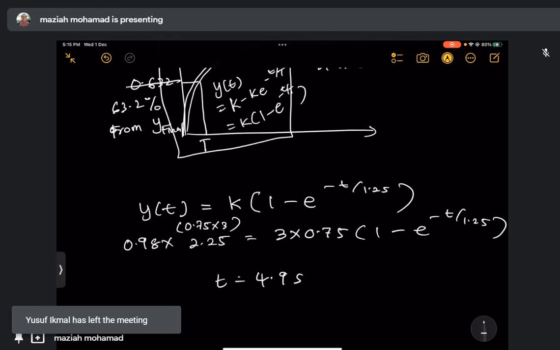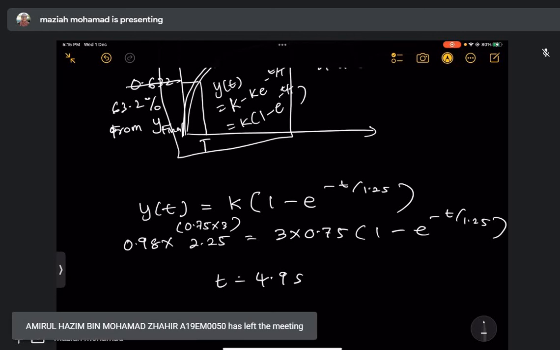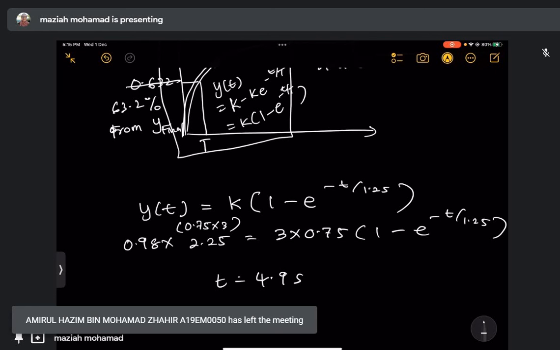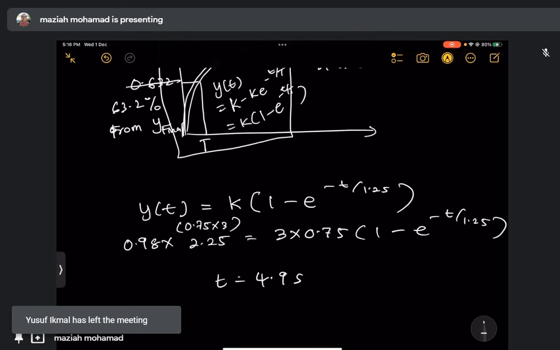Multiply with U and multiply with K. U multiply with K. U is 3. The value of K is 0.75. 3 multiply with 0.75.